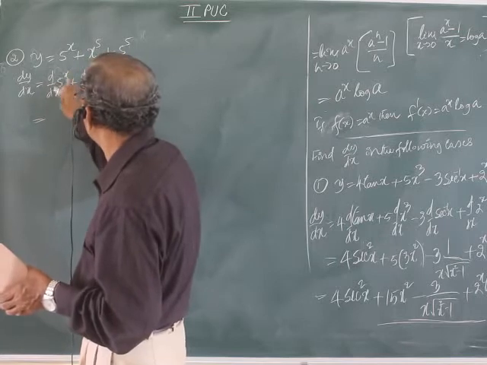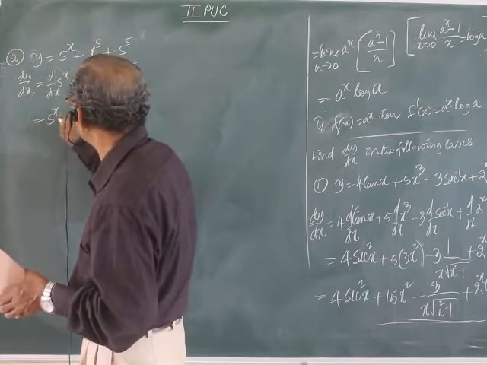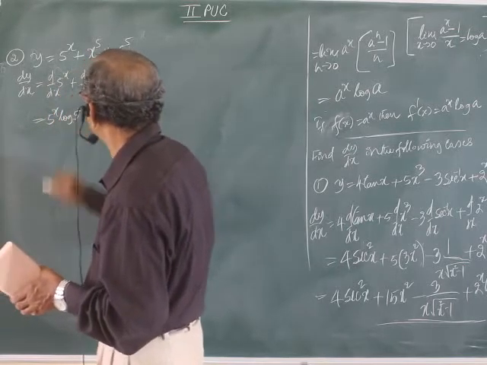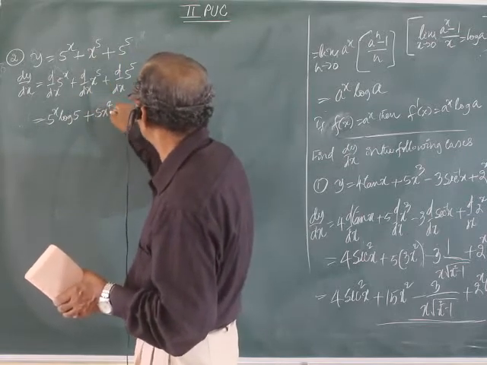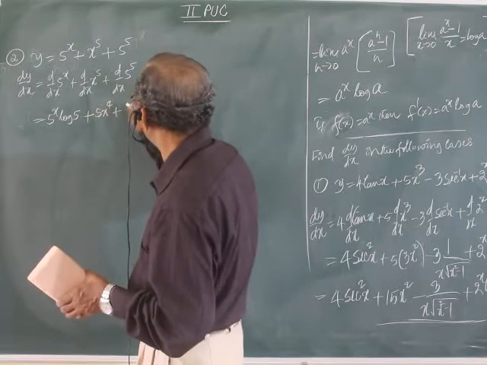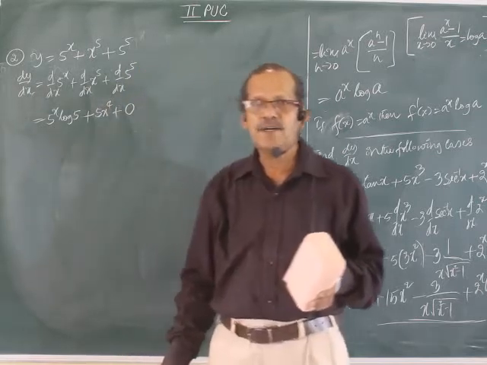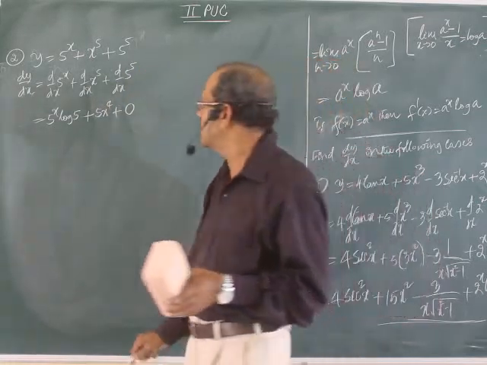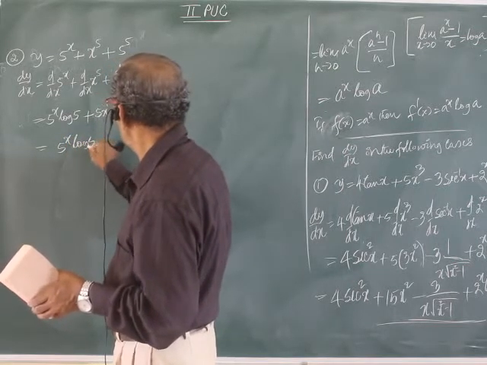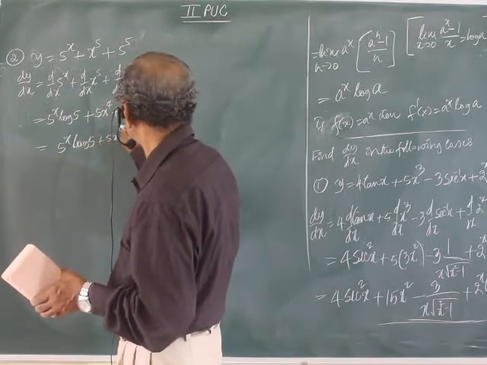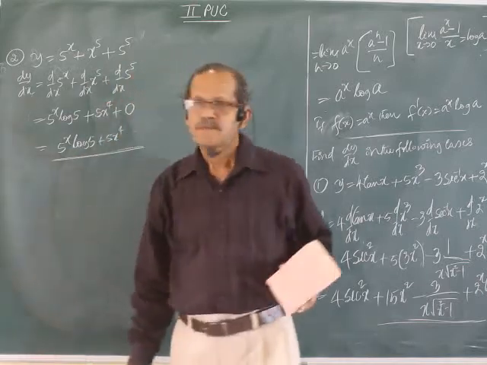Derivative of 5 to the power x is 5 to the power x log 5. x to the power 5, 5x to the power 4, whatever may be, it is constant. 5 to the power 5 is a number, derivative is 0. Final answer is 5 to the power x log 5 plus 5x to the power 4.